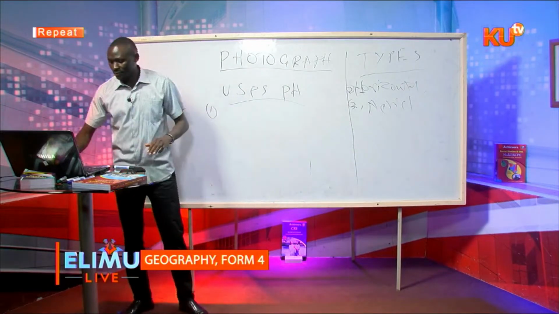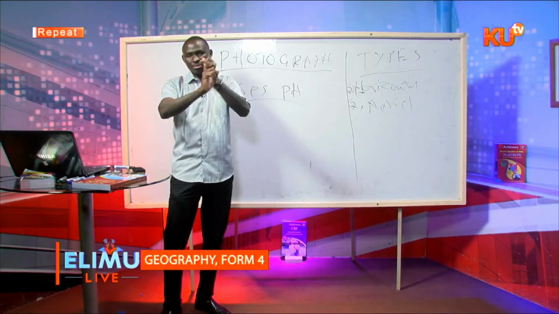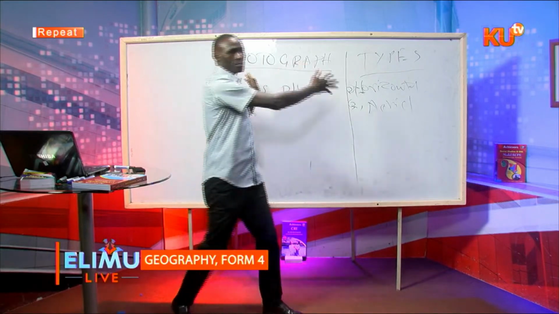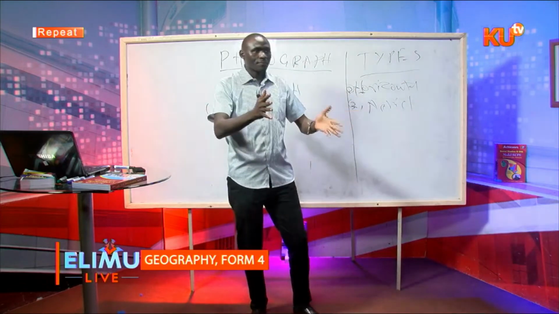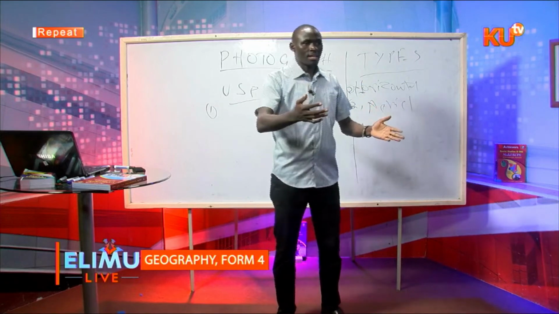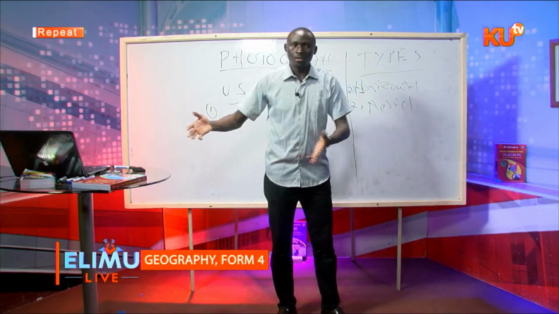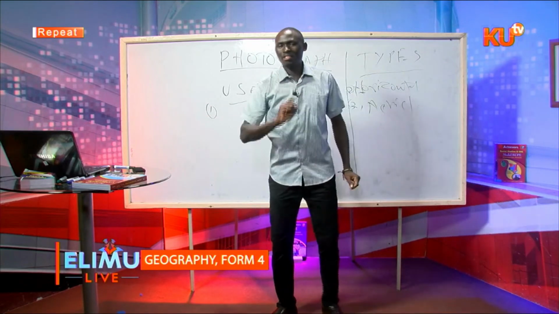Then the second one, I've said number one, it determines the title. Once you've looked at the picture, you'll say, this was a restaurant, this was a forest region, this was groundwork, this was a political gathering, or this was afforestation or deforestation. It gives you the title immediately you see the picture.